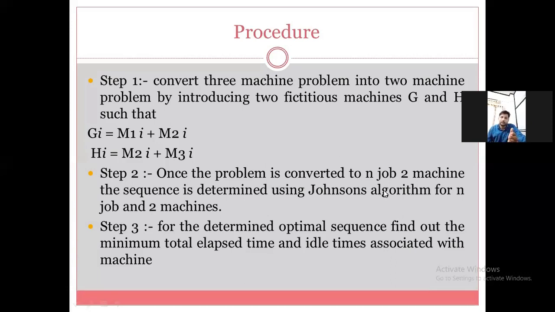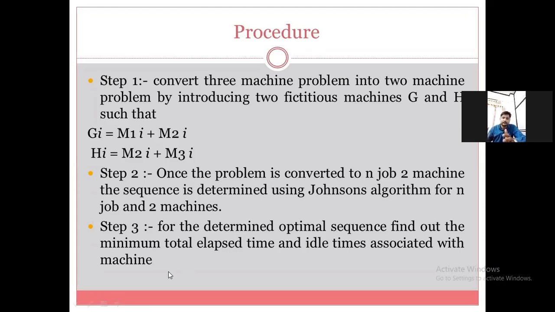Whatever methodology we implemented for n jobs and two machines, the same methodology we can implement, and determine the optimal sequence for the jobs to be processed on these three machines. So first of all, we check the condition.